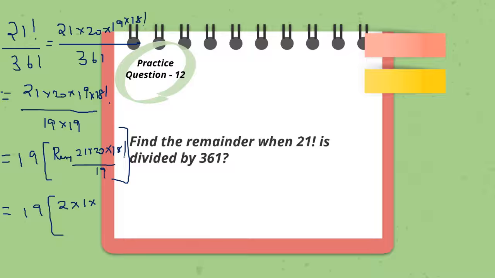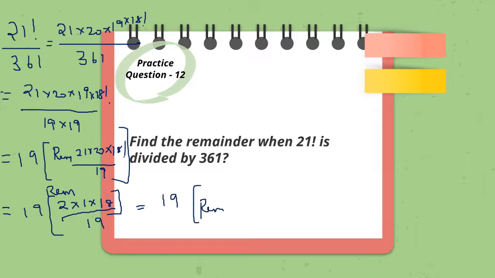Okay, so we are just supposed to multiply 2 into 18. Again, we need to divide it by 19 and find the remainder of this and then multiply it with 19. So this is going to be the procedure. So 2 into 18 gives us 36. So I'll write this as 19 into remainder when you divide 36 by 19.